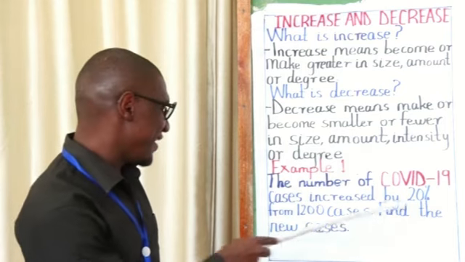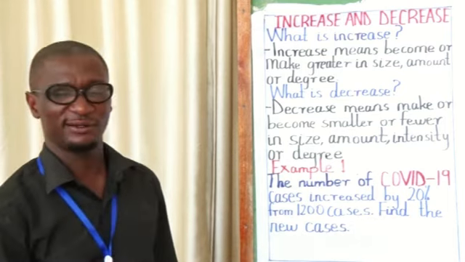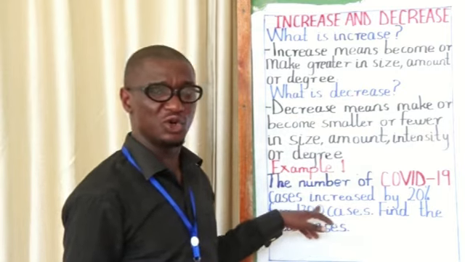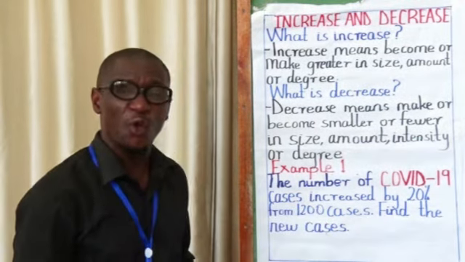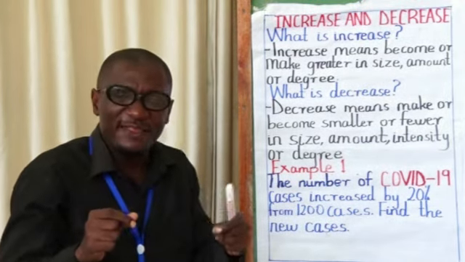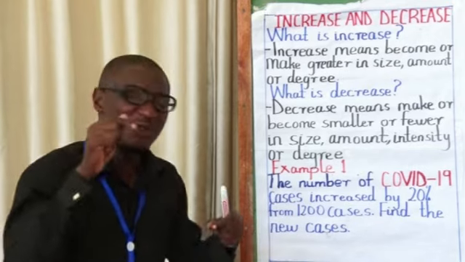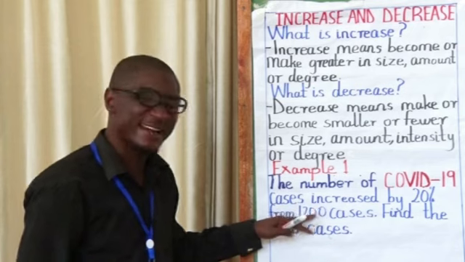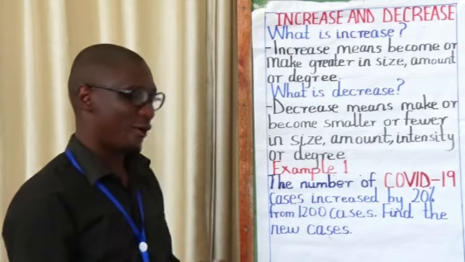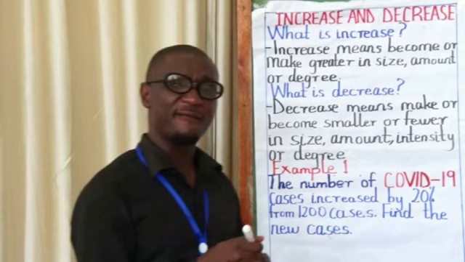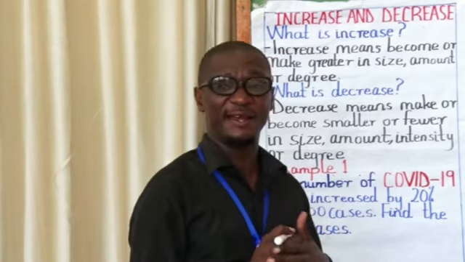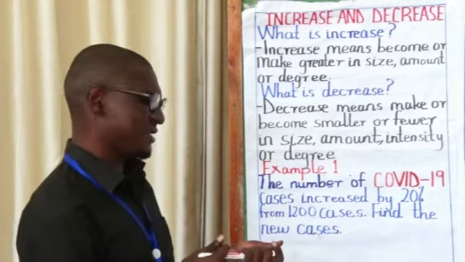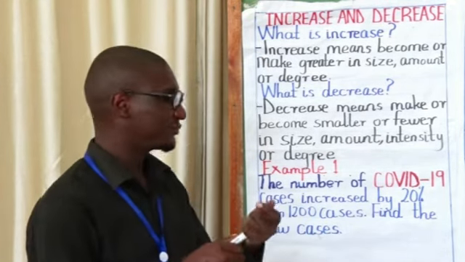Find the new cases. The number before was 1,200. For that reason, we are expecting the new cases to be more than 1,200, because there is an increase of cases. Now, we have to follow the following steps to find the new cases.